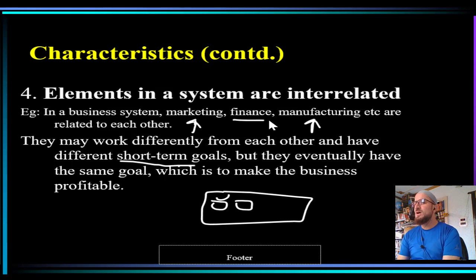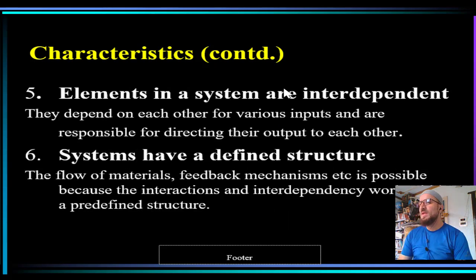These subsystems have their objectives, okay, short term objectives, and then overall, they are all working together to accomplish a particular goal. And these elements are interdependent, and systems have a defined structure. They have their structure and their boundary, then subsystems and everything is there.